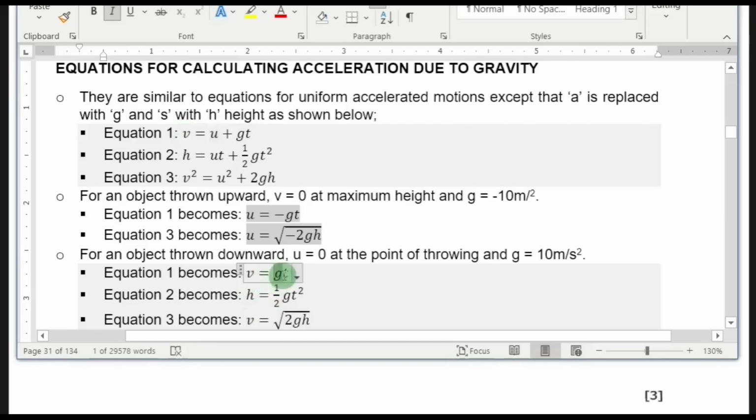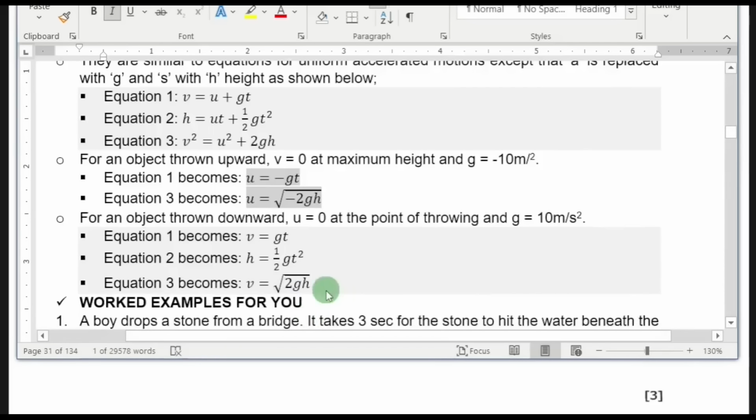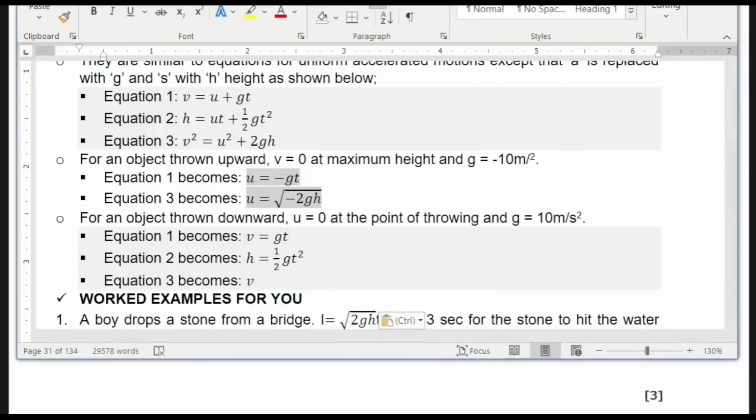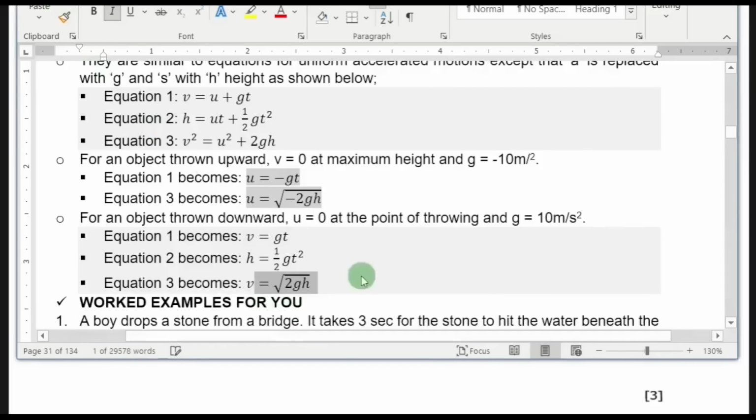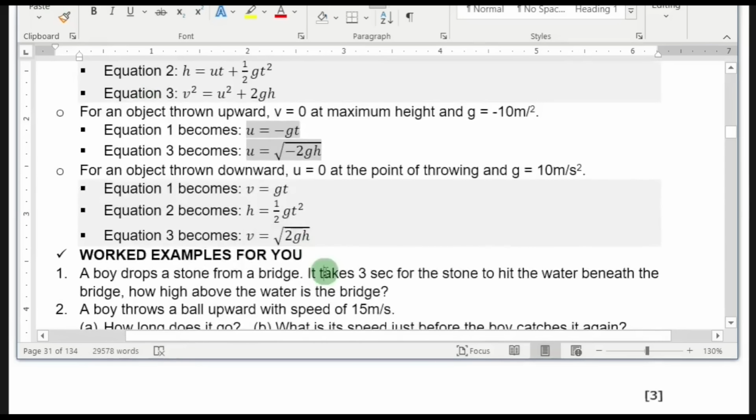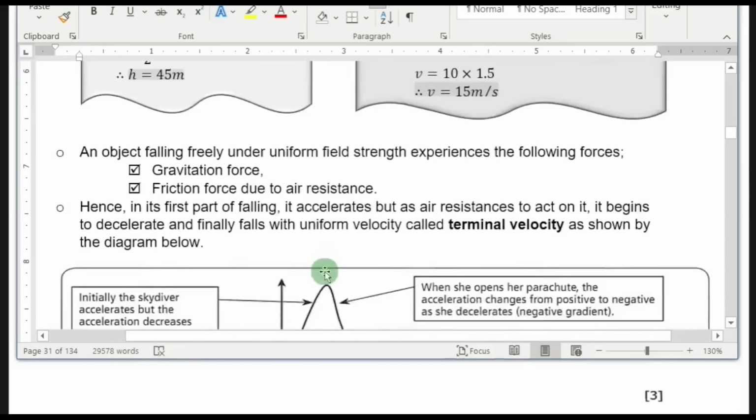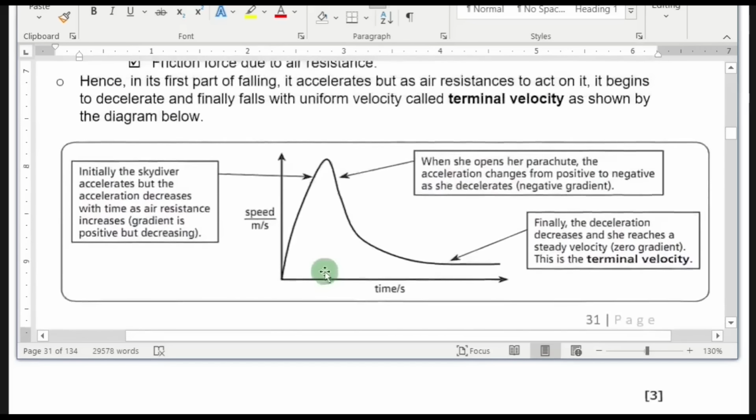So we are using this formula this time because we have been given time. The other time we used this formula here because we were not given time, but we were given height. So these formulas change depending on whatever information you are given. All right, so this is my book, actually written by myself.